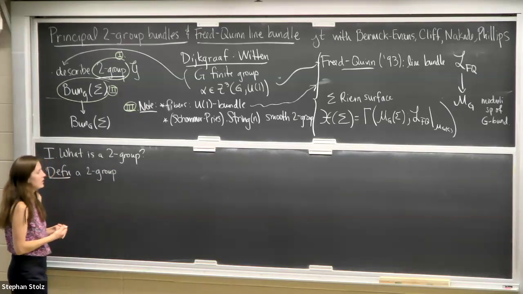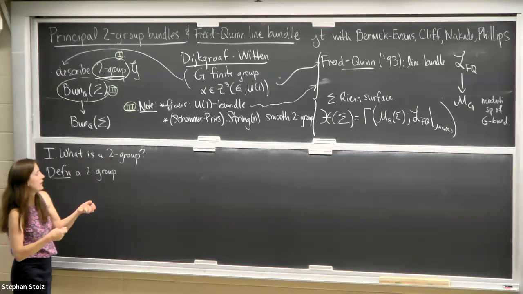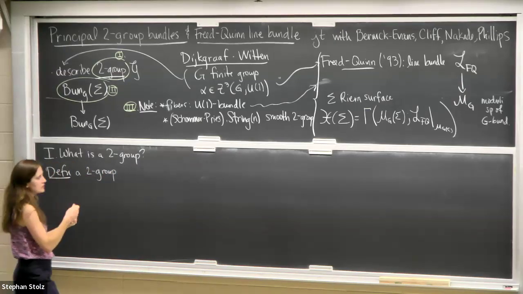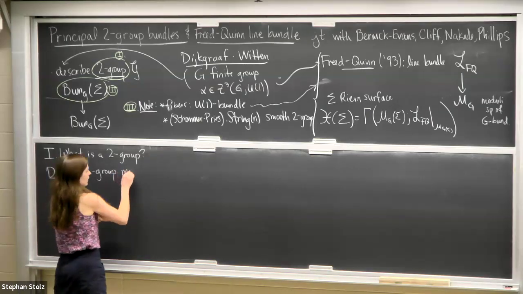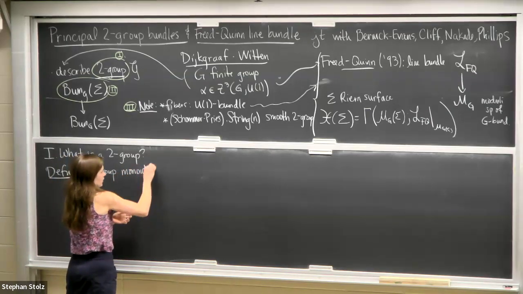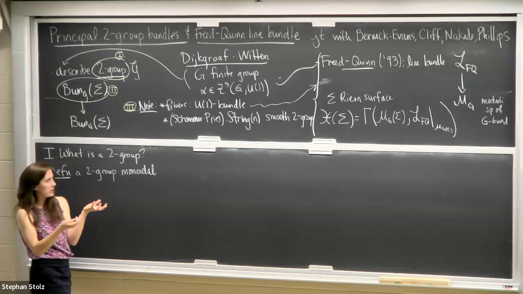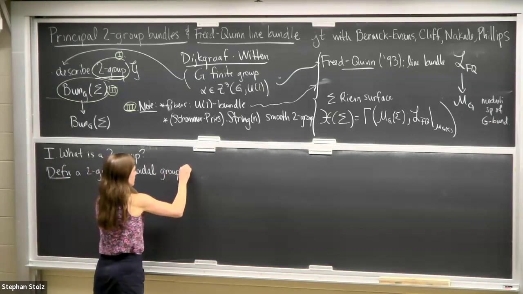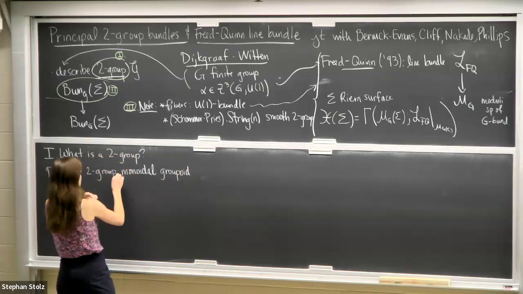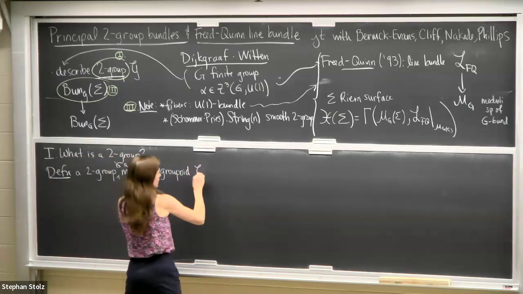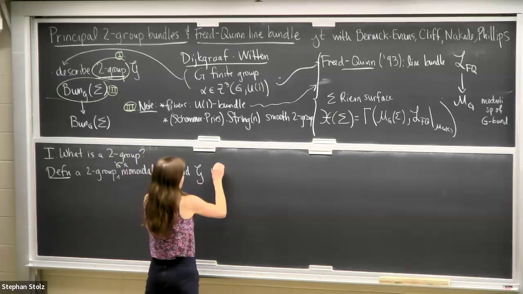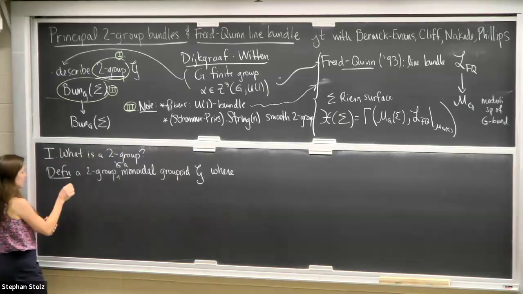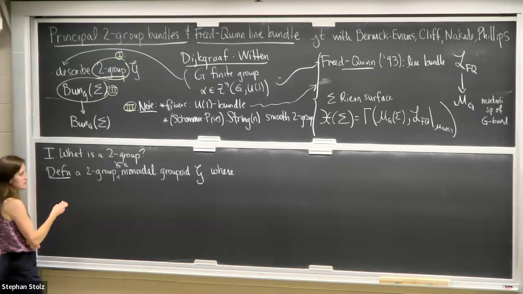A two group, categorifying the idea of a group, is going to be a category where we have the category version of multiplication. So that would be a monoidal category. Then we want to have inverses like you have in a group, and so it's going to be a monoidal groupoid. A two group is a monoidal groupoid G. That gives you the inverses for the morphisms, and so then you also have to say that all your objects have weak tensor inverses.